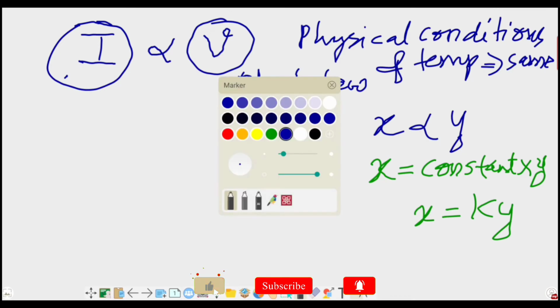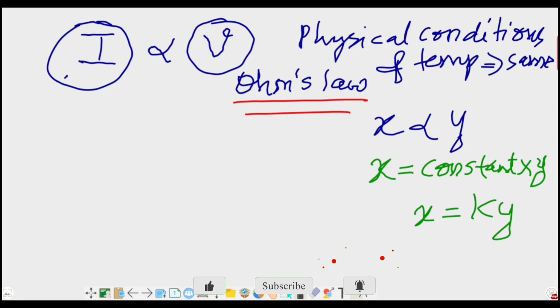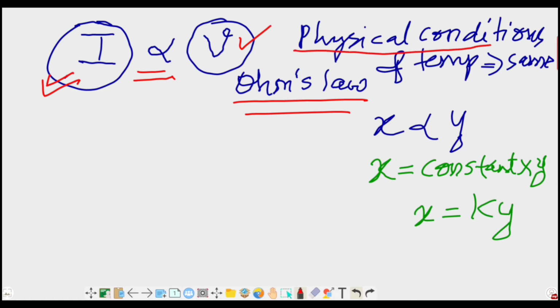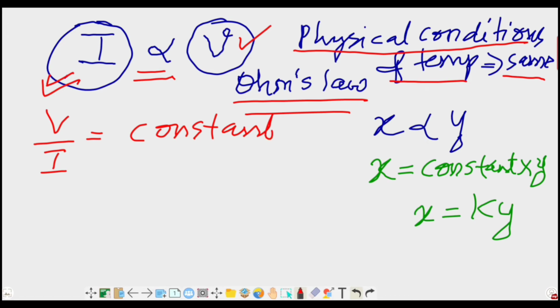So what is Ohm's Law, students? Current flowing through the conductor is directly proportional to the potential difference across the ends of the conductor, provided physical conditions and temperature remain the same. So what he observed is that the V by I ratio is always constant.